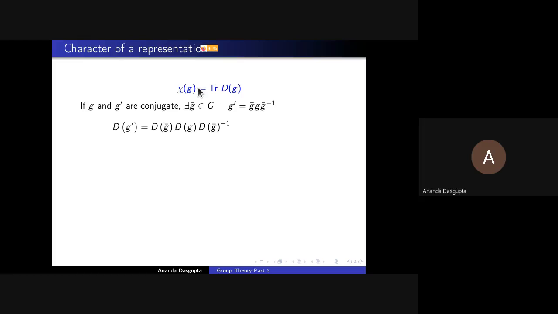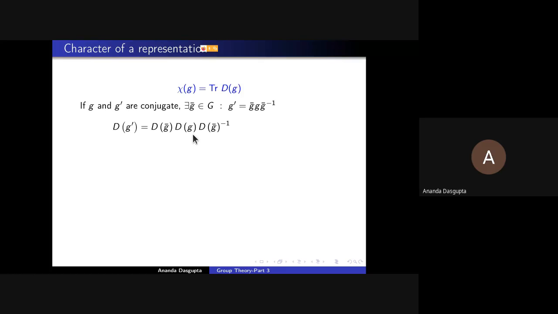And of course, that means that the representation for g prime, the matrix D(g prime), is going to be D(g bar) D(g) D(g bar inverse), because representations always mimic the group multiplication law.